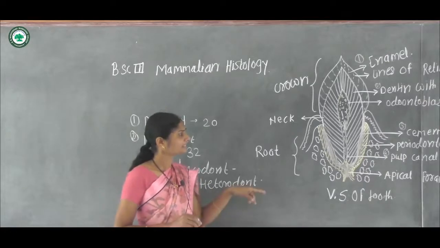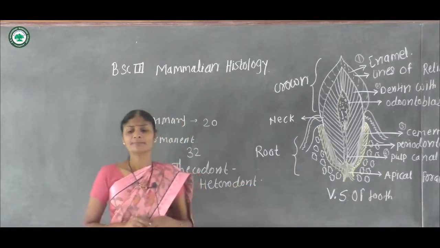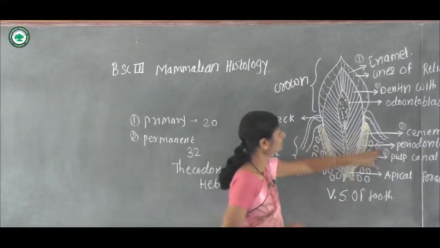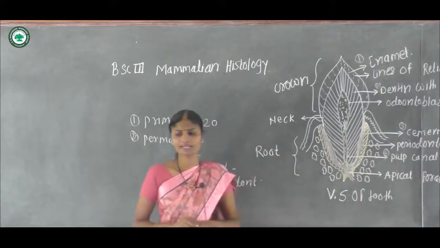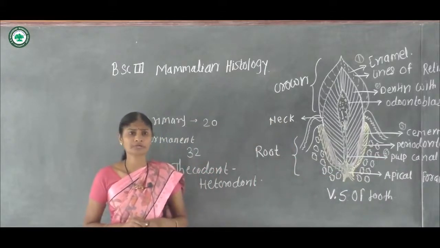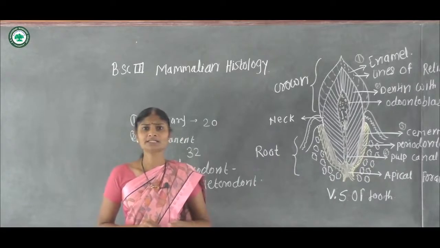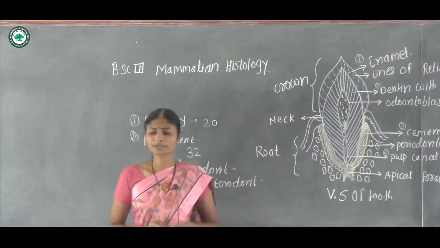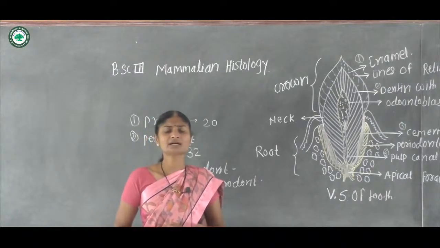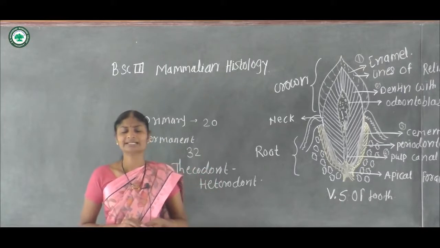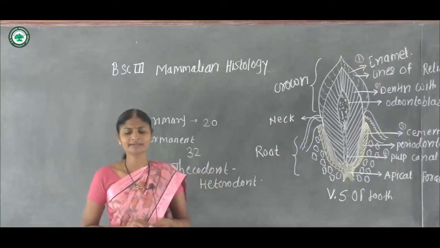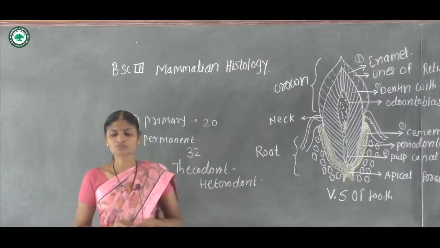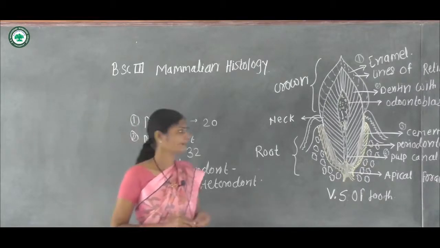Next, the cementum covers the periodontal membrane. The periodontal membrane is also called the ligament. It is a sheet of connective tissue surrounding the root of the tooth. It is not calcified, and it lines the alveolar cavity of the jaws in which the tooth is placed.